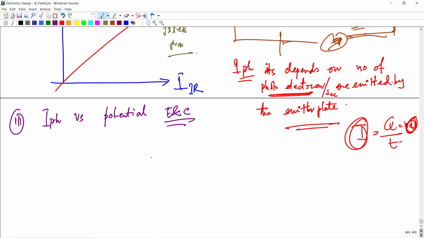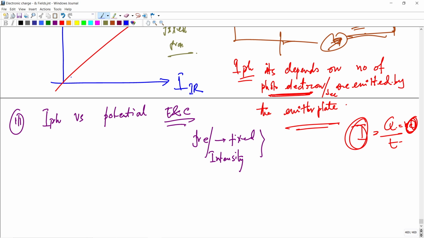In this case the frequency is fixed, and also the intensity of the UV light or incident radiation is fixed. We just change the potential difference and we get some photocurrent.